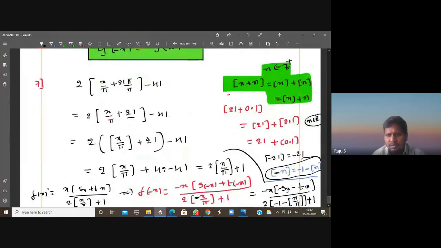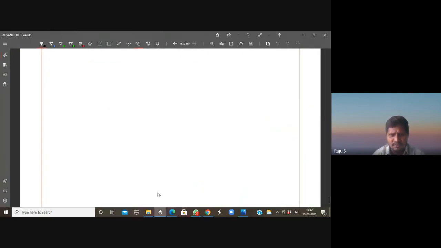So now, what is the simplification of this? All of you simplify that. Minus 2. Take minus outside in the numerator, minus into minus is plus. So we are going to get the same function here.